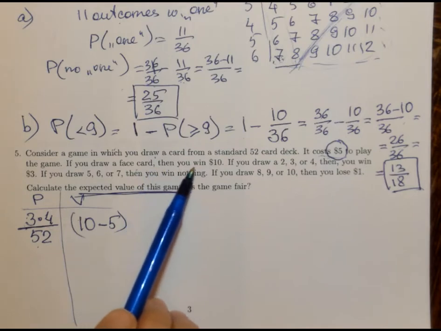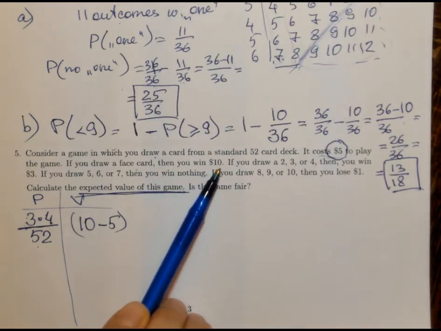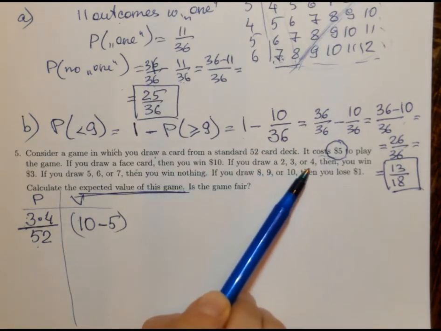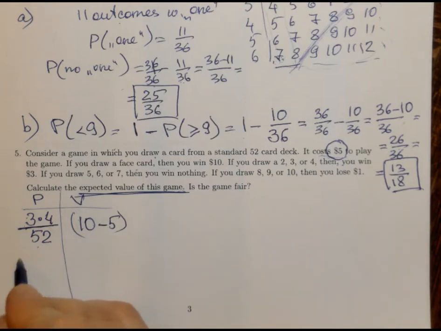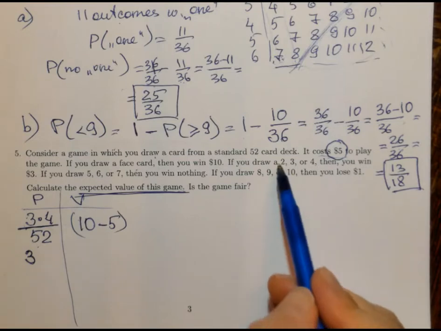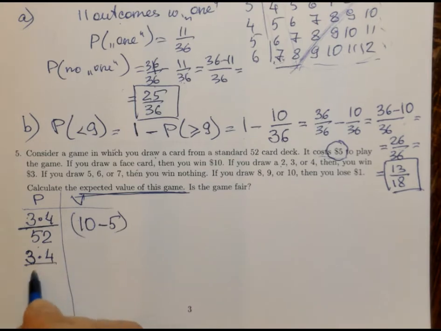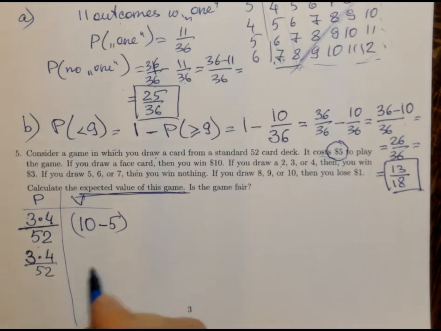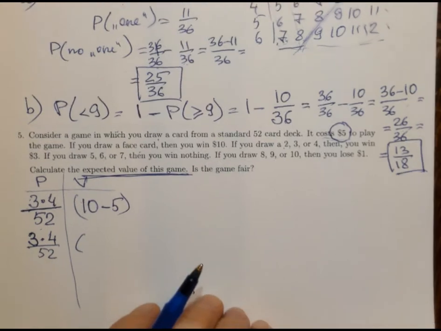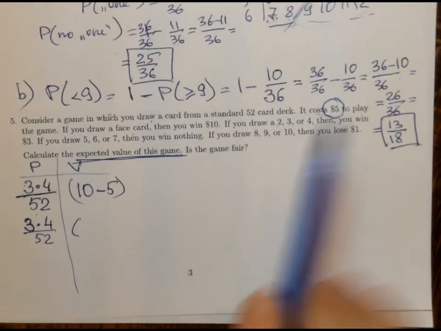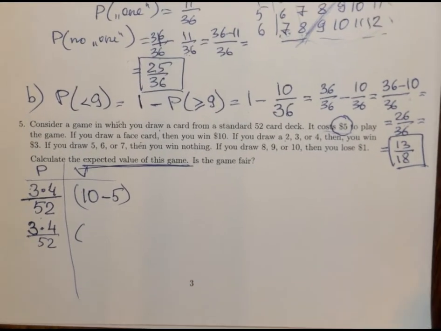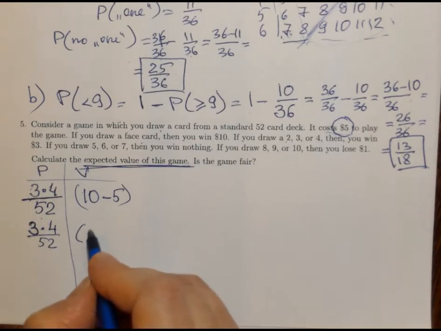Second situation: you draw 2, 3, or 4. Again this is 3 different cards in 4 different suits. Again, we have 3 times 4 over 52, and for the value of this outcome, you win $3.